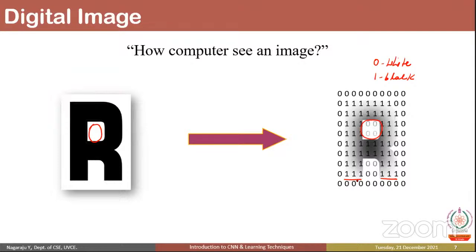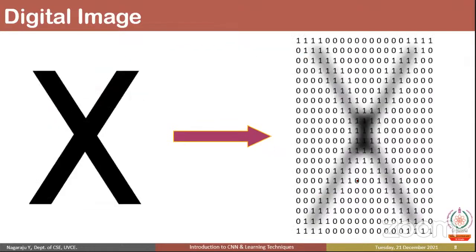Okay, so we have one more example. Here I have taken X into consideration. You can see that wherever black pixels are there, we have ones, and you can observe that in some places we have 4 ones and in some places 3 ones. It depends. While converting an image into a digital image, it varies. Here I have used some online tool to convert, so that is why it is not proper. But still, it depends.